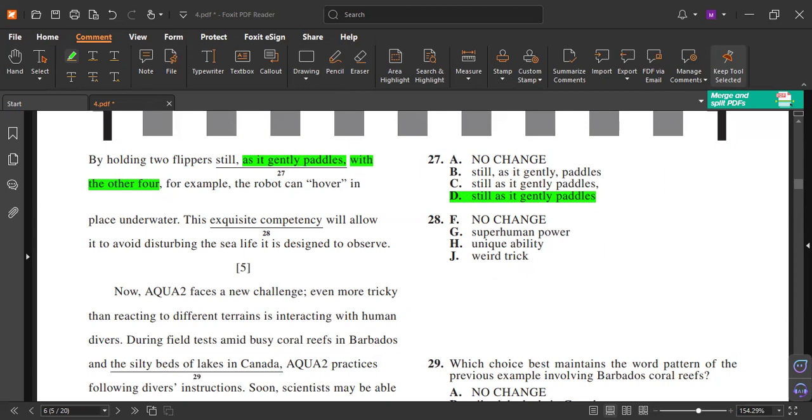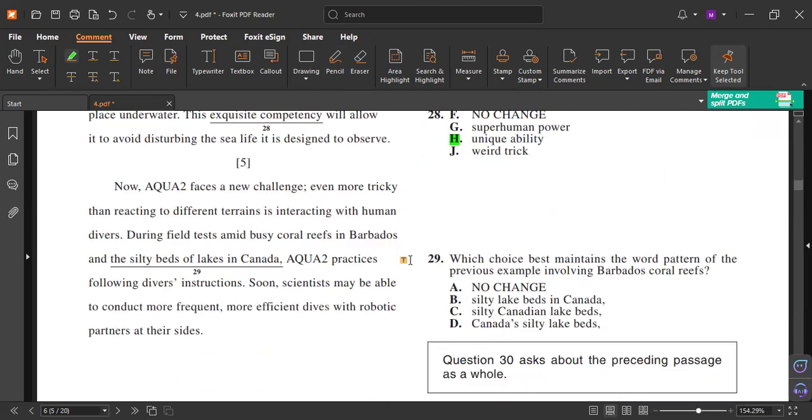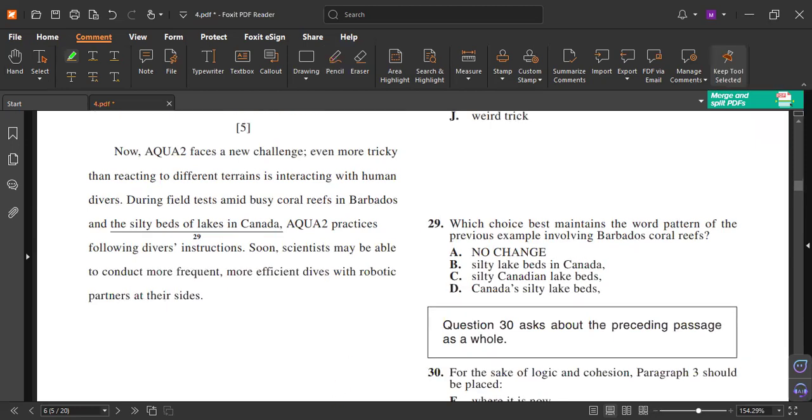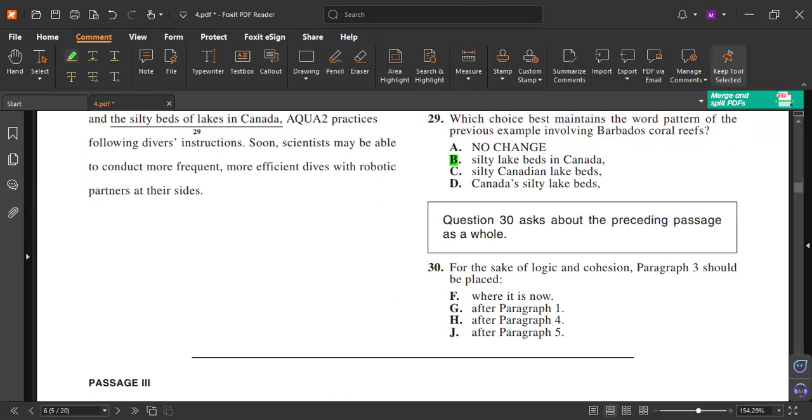28H. 28, correct. 29B. Perfect. 30H. 30, correct.